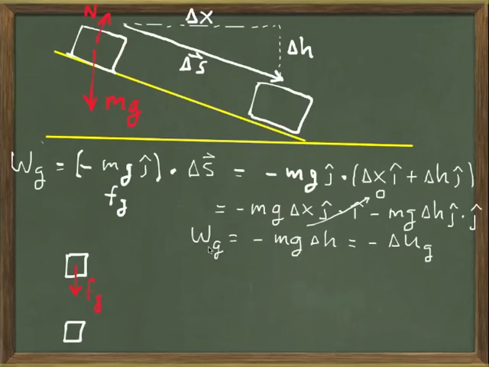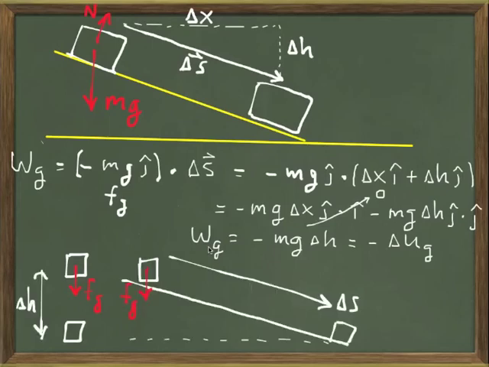What did I get before? Before I had this object falling straight down a distance delta h. Now I have the object, let's say, sliding down the incline through a height delta h. The work done in this second situation, even though you see that the delta s is longer, didn't change, because the work is done with the dot product, so that delta s being longer didn't matter.